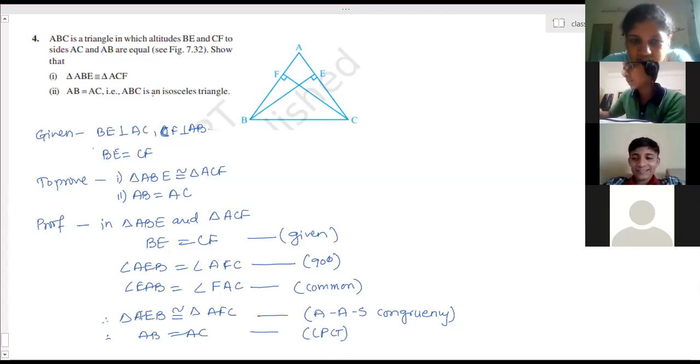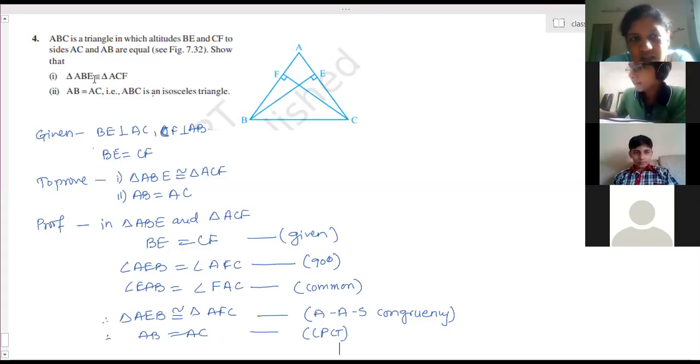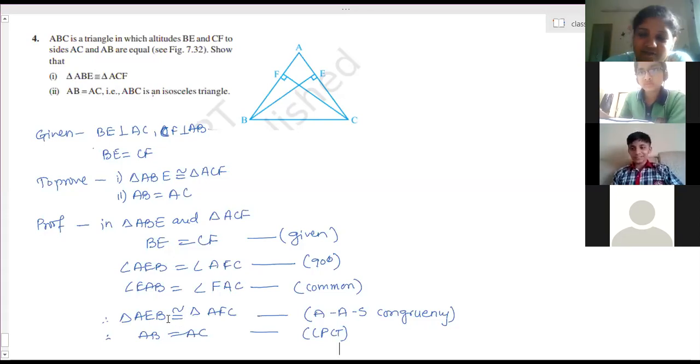A should come in place of A because they are equal angles. Angle E is equal to angle F, I have written in the middle place. And angle B and angle C are equal, I have written in the proper place. Only they have mentioned ABE and I have written AEB. Ma'am said that whatever is in the question, you have to do the same.